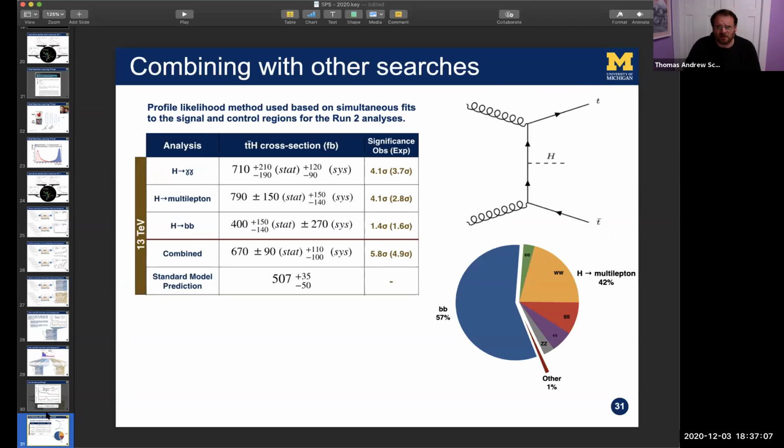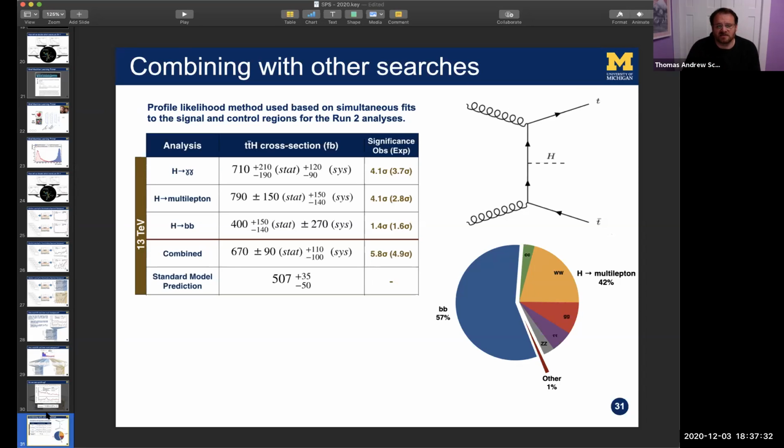You can take all of these and say, yeah, I found this much Higgs, yeah, I found this much Higgs, add them all together, and that's the combined one, second from the bottom, that says 670, and it's 5.8 sigma significant over the null signal, or not having anything at all.